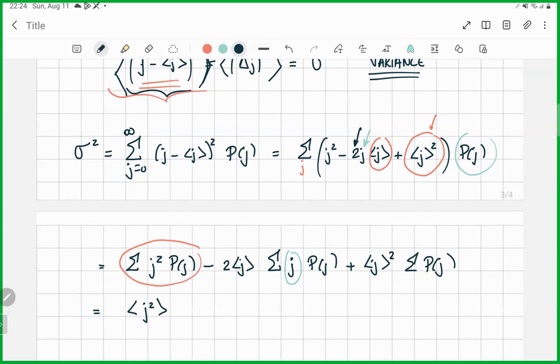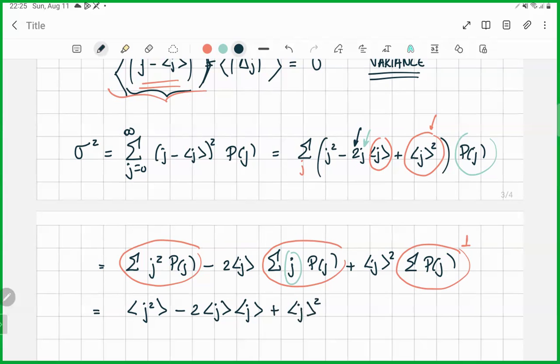This other term, let me copy this, minus 2 and the mean of j, times this term here, which is the definition of the expectation value, mean of j. The last term, as we said, the sum of all probabilities is 1. So what survives here is plus the square of the mean.